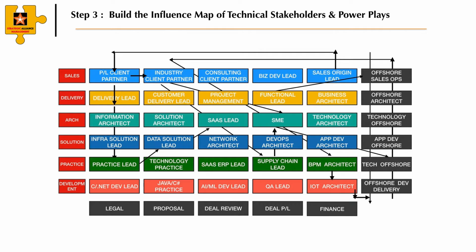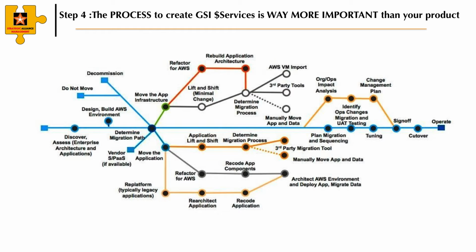Then step 3 is to build that influence map of technical stakeholders and power players. Step number 4 is building the process to create the GSI services. Remember, GSIs are all about process. Customers are all about having people manage their process so they can control outcomes. Most sales reps don't really look at the process.